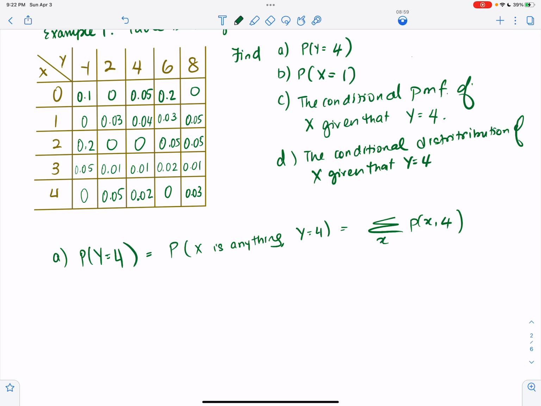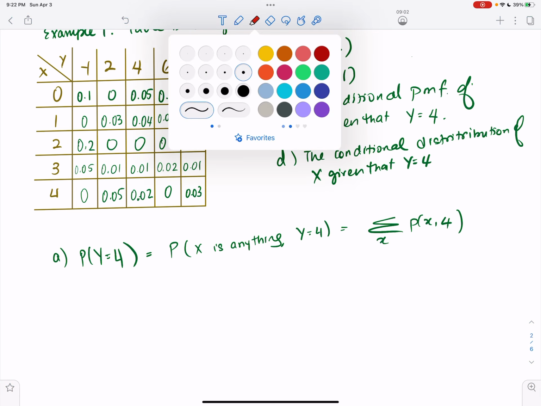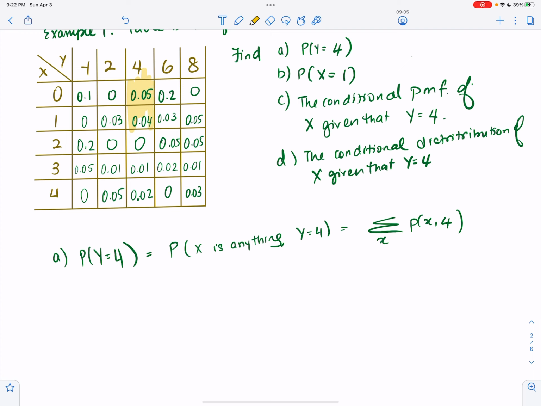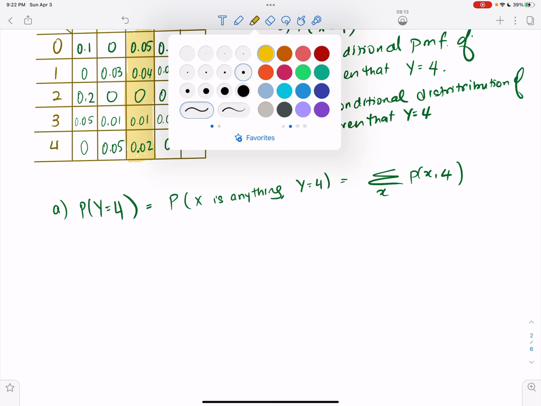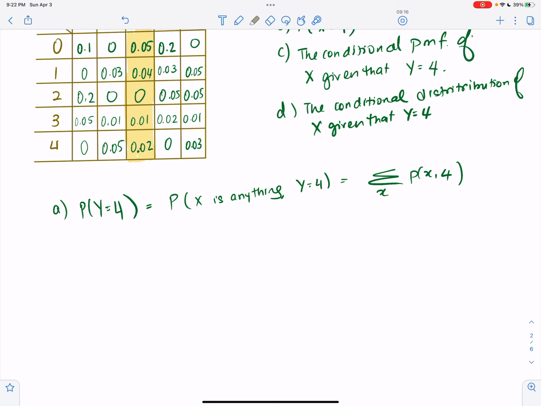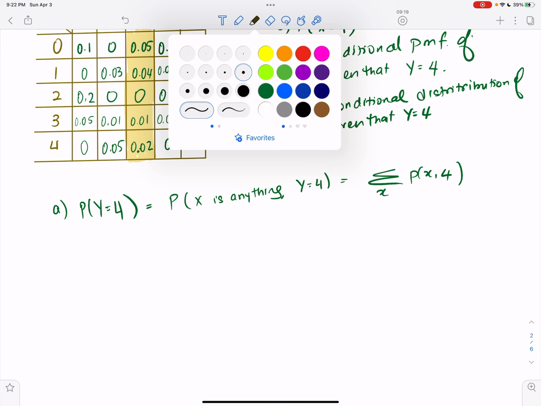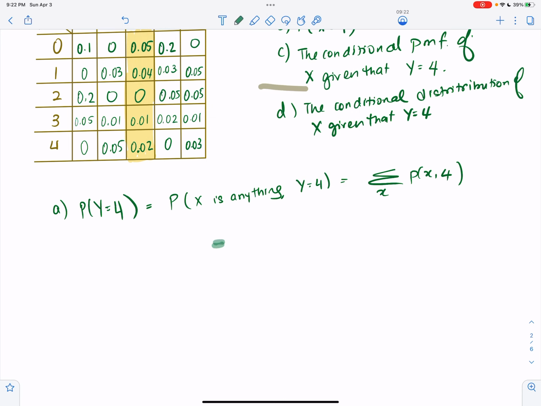What you're doing is going to this column of 4 and adding up all the possible probabilities. What can x be? 0, 1, 2, 3, 4. So 0,4 plus 1,4 plus 2,4 plus 3,4 plus 4,4.